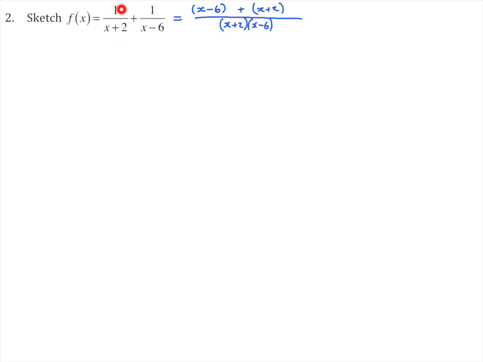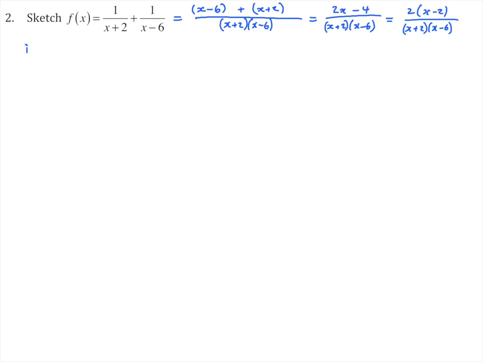So what I did was I multiplied the first fraction, top and bottom, by x - 6, the second fraction, top and bottom, by x + 2, and then I've got a common denominator, so I put that together. That will actually equal x plus x is 2x, take 4 over (x + 2)(x - 6), and completing the factorising, I get 2(x - 2) over (x + 2)(x - 6). That's the preparation work done.